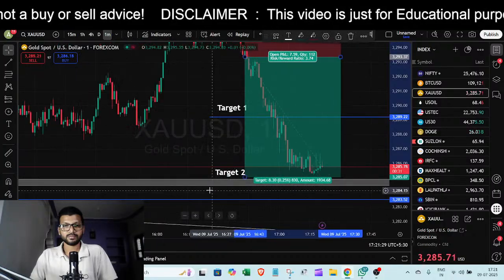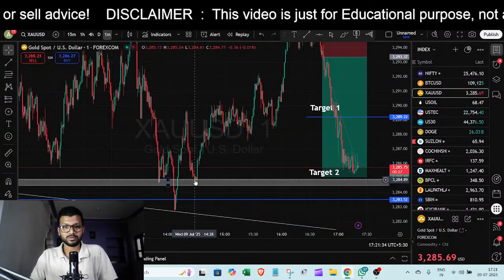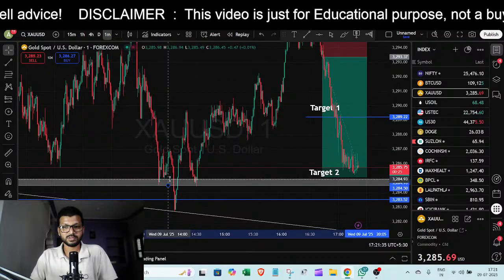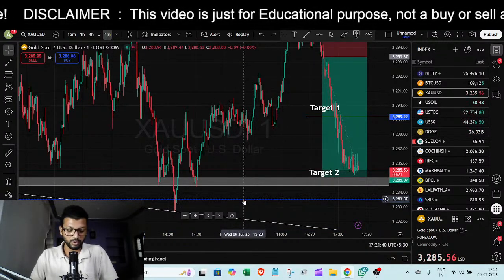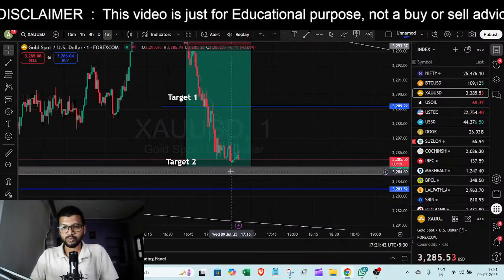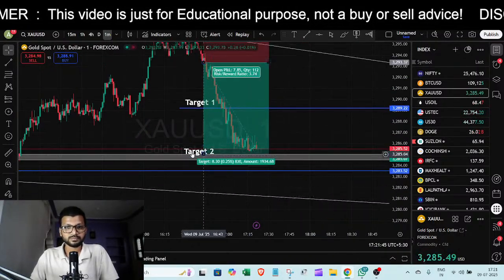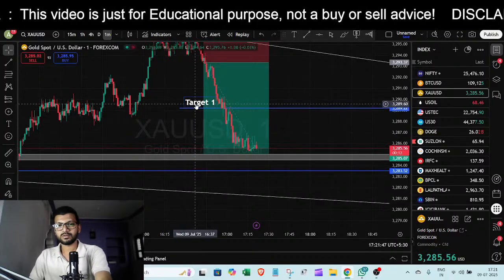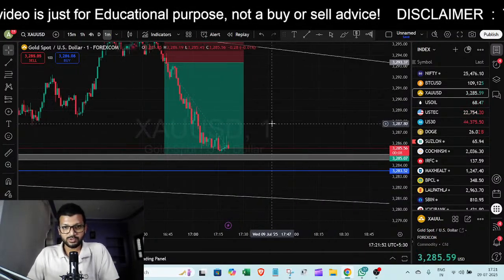Okay, and as you can see here, there is a support. This is our support zone, and this blue line is our order block. So most probably from here there is a chance of reversal. So our both targets hit with 1:3.5 risk to reward.